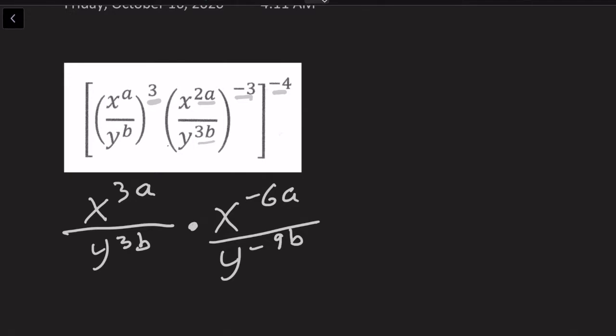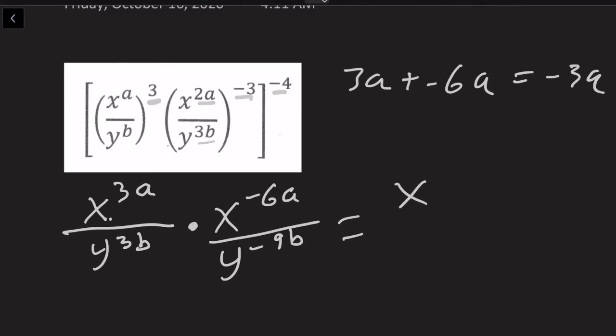But because we have an x to the 3a multiplied by an x to the -6a, instead of switching it, what we could just do is add these two together. So for example, x to the 3a times x to the -6a, you just add the exponents together. So 3a plus -6a is going to be -3a.